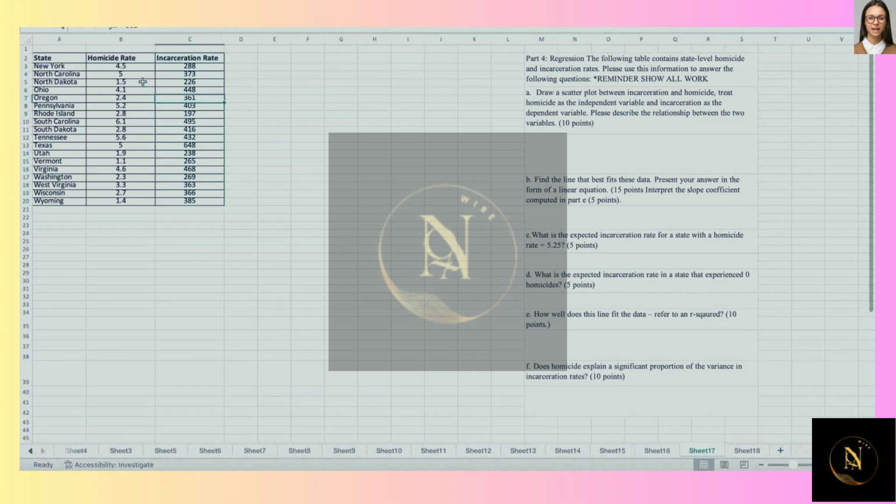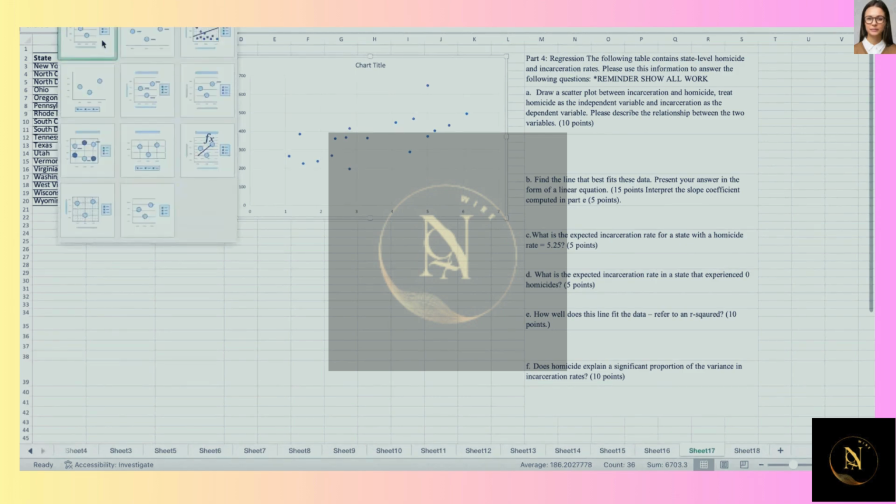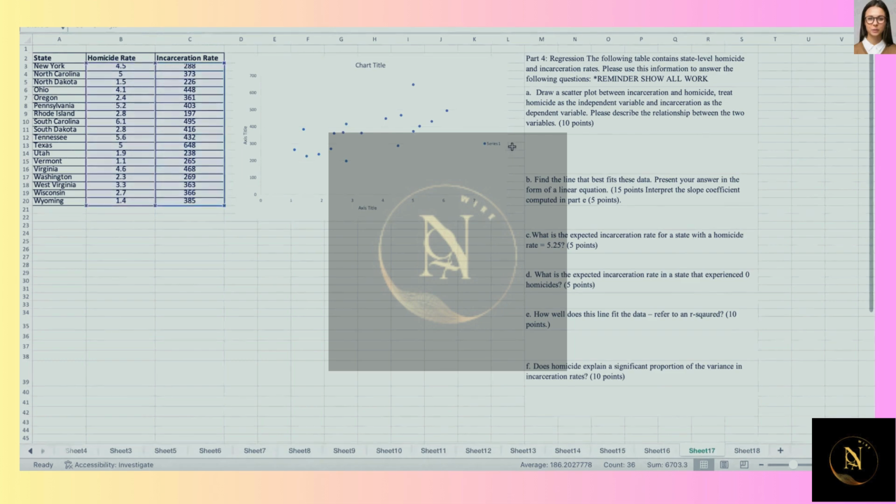Okay, so now I'm going to make a scatter plot. So I'm going to insert the scatter plot. And we have, what I'm going to do is a quick chart layout.